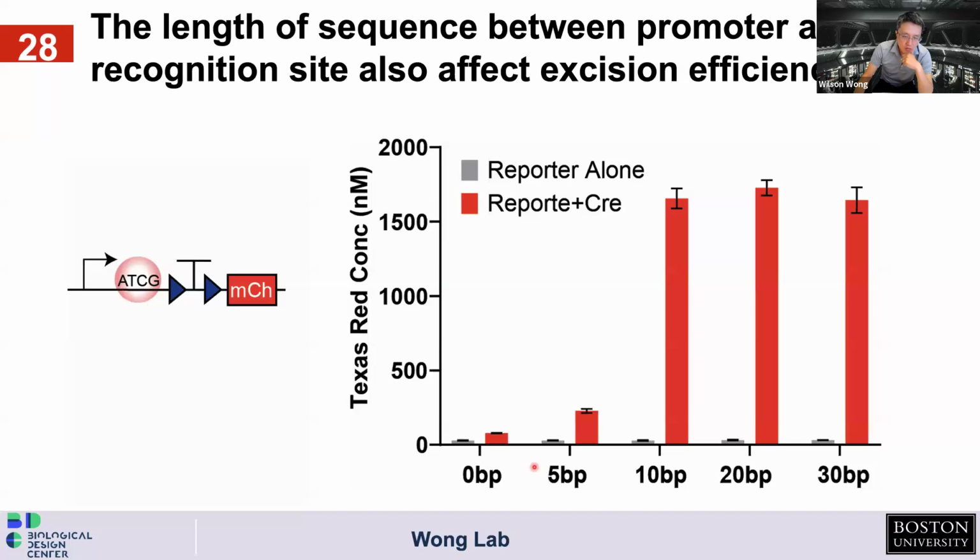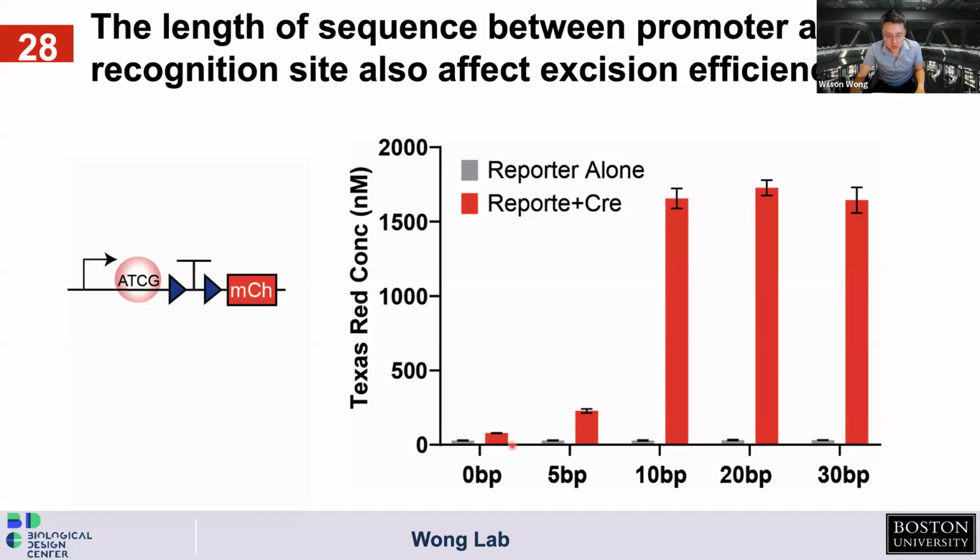If you place them too close to each other, they sort of block each other. We think the T7 and the Cre are interfering with each other. We actually think it's either the T7 preventing the recombinase from doing its job, or vice versa. But if you space them away from each other, then we can recover the inducibility.